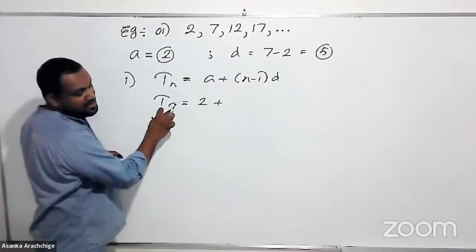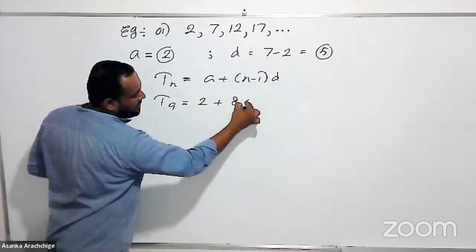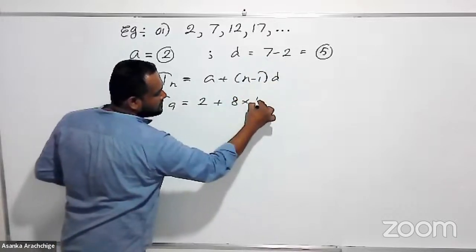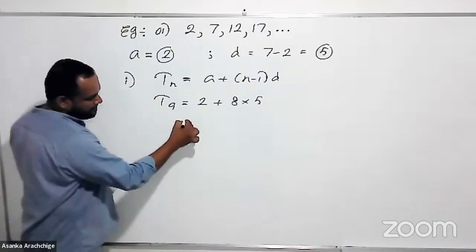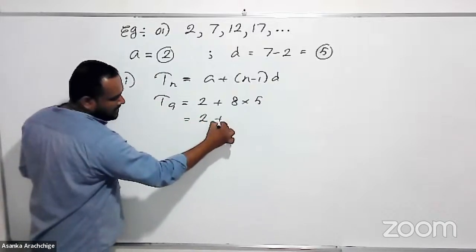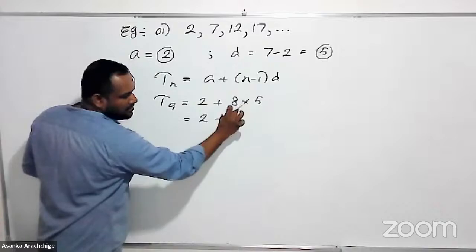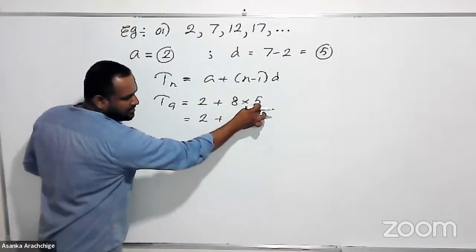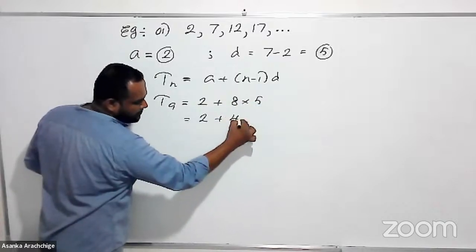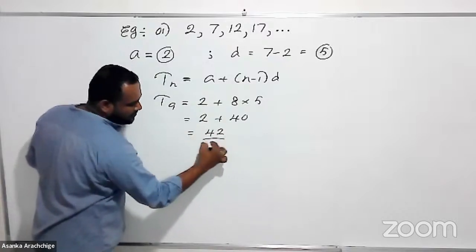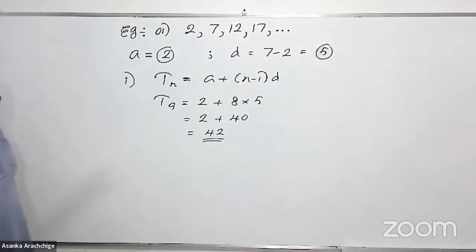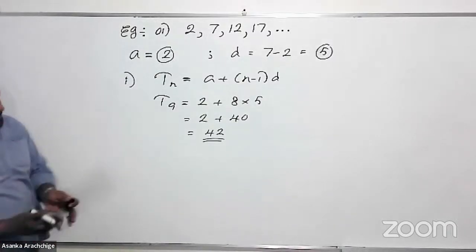What is 9 minus 1? 8 times common difference 5. Understood? Then 2 plus 8 times 5, 40. Answer is 42. Clear? Right. Copy it down.